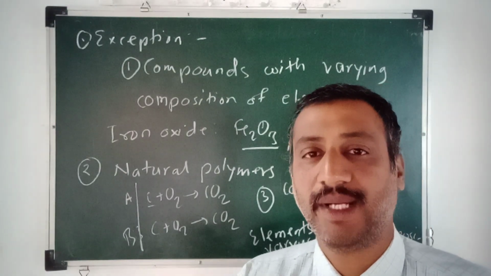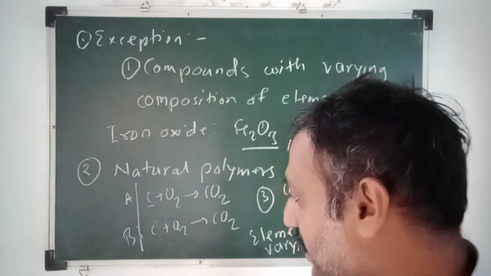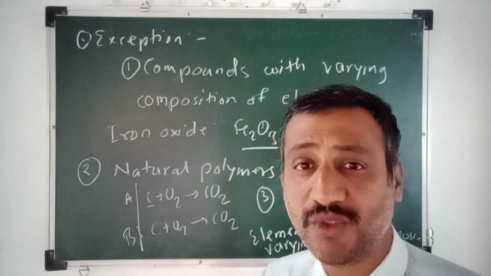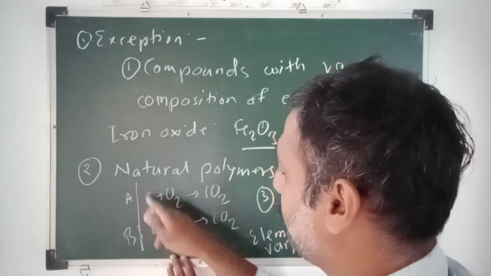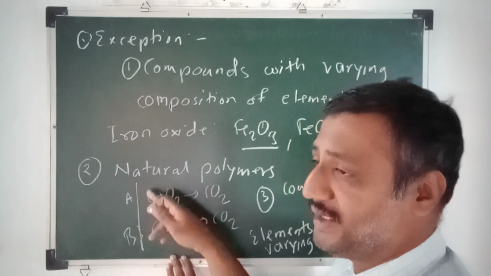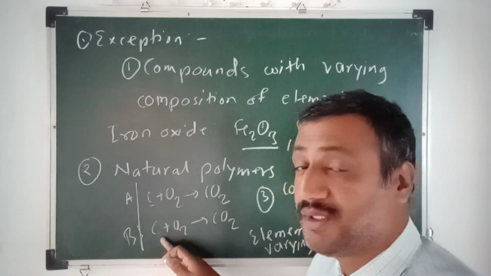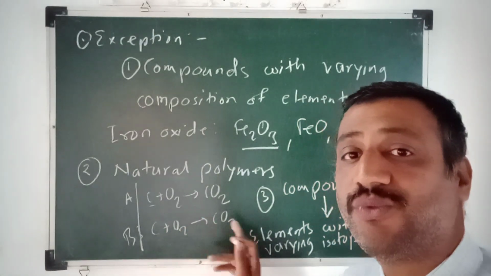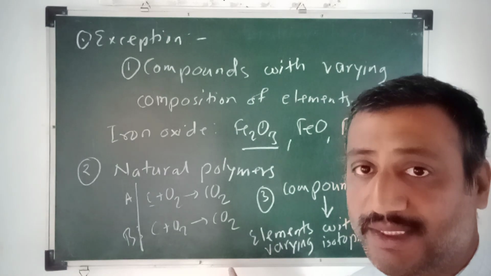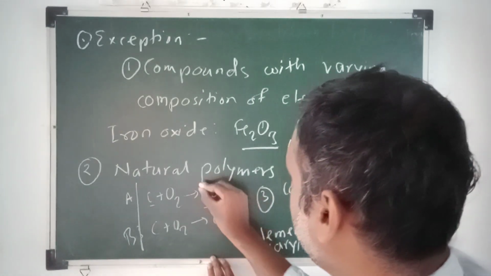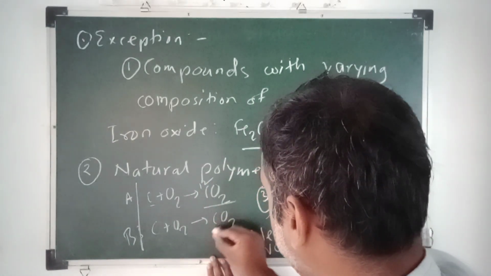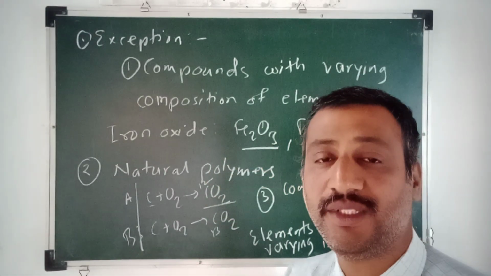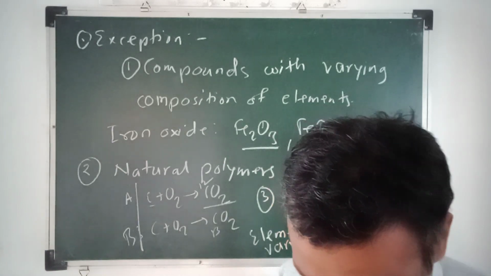Generally it is the same, but I want to tell you the exception. Suppose the first student uses C12 as the major reactant and another uses C13 as the major reactant. Will the proportion of carbon to oxygen be fixed in this case? For the first student C12 is major, for the second student C13 is the major one, with a different atomic mass. So that is also one exception.